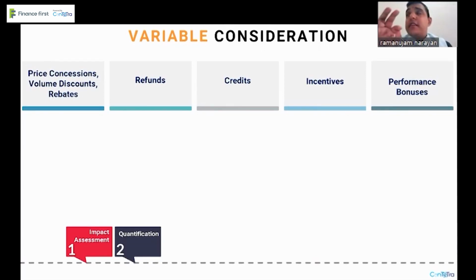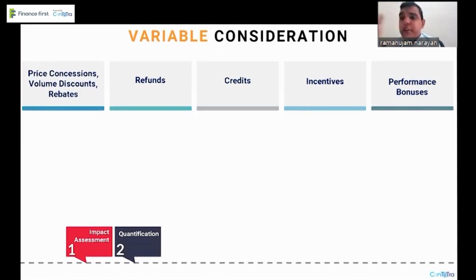One method is where there can be a possibility of giving one amount as a giveback, like a performance bonus. If you fulfill a particular contract, you get a performance bonus of $1 million, which is a promise that you give to the customer. In that case, it is basically the most likely amount.